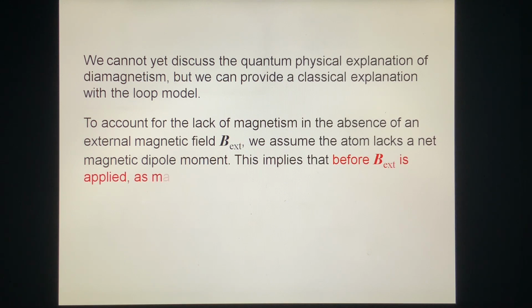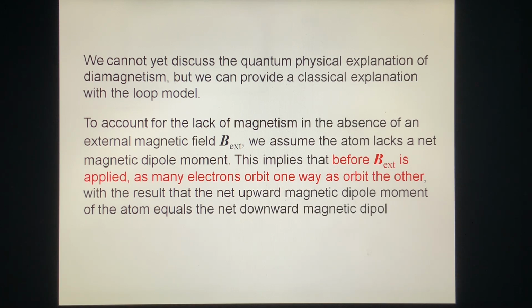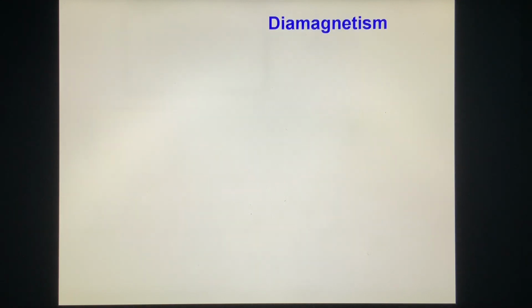This implies that before B external is applied, as many electrons orbit one way as orbit the other, with the result that the net upward magnetic dipole moment of the atom equals the net downward magnetic dipole moment.